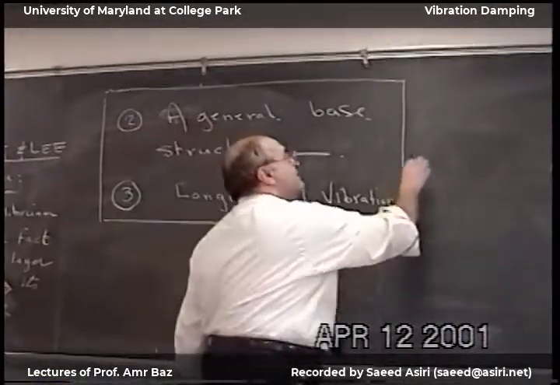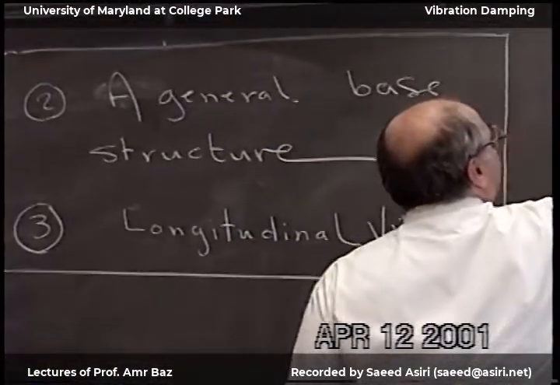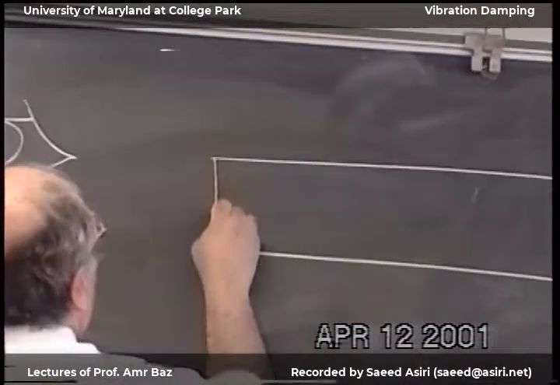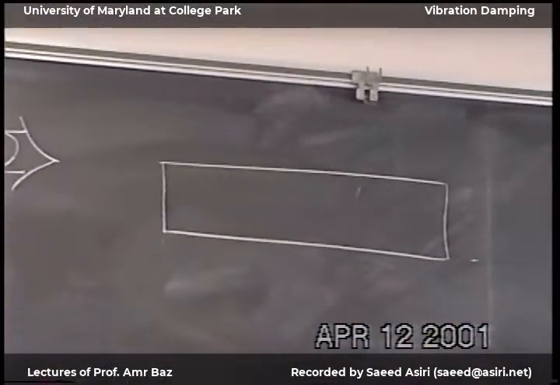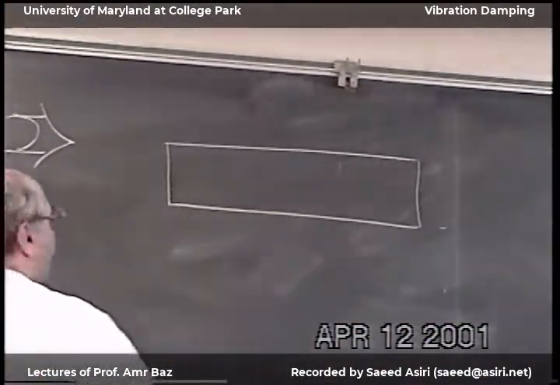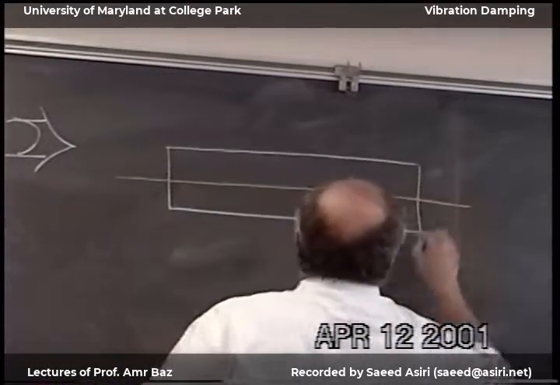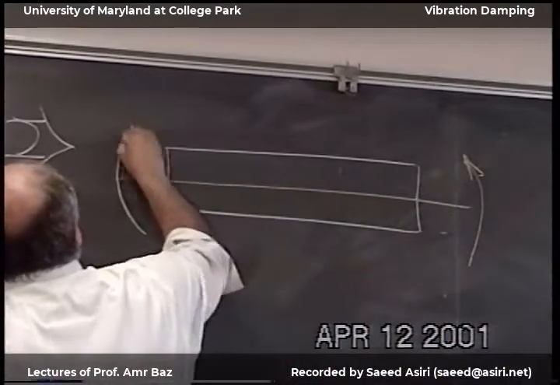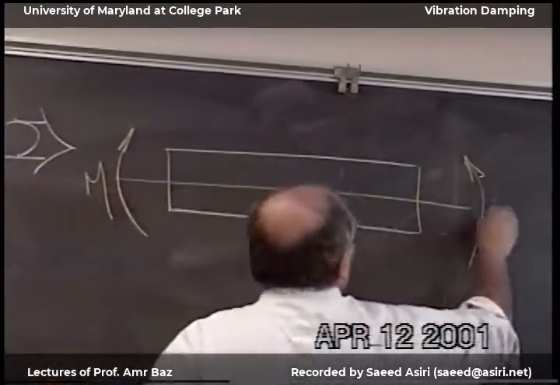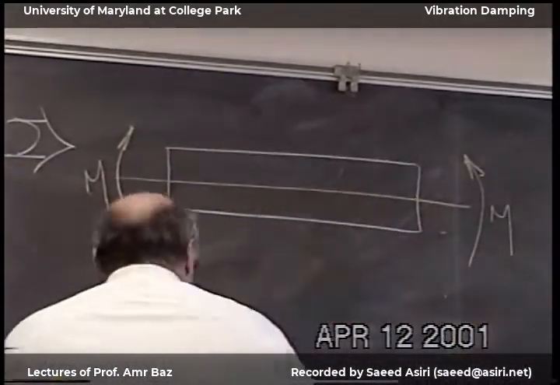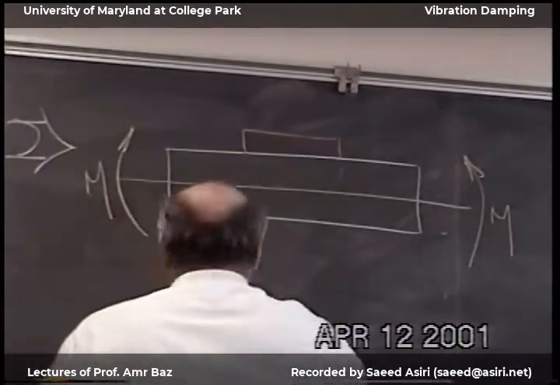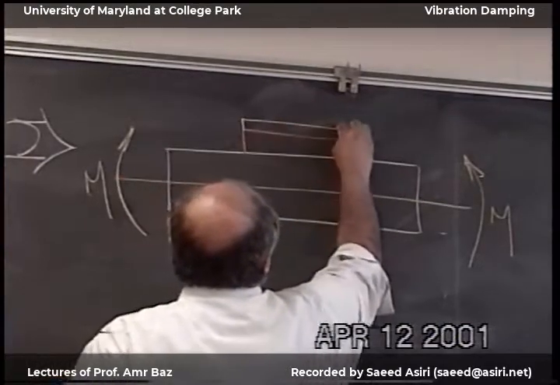Now let's see why this is very nice. Let's take a beam and I'm applying a moment on this beam, for example. And I put here my viscoelastic material and my constraining layer.